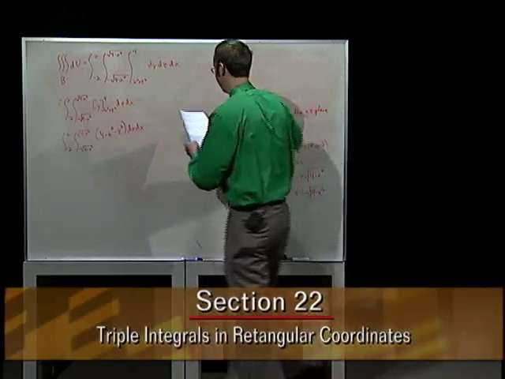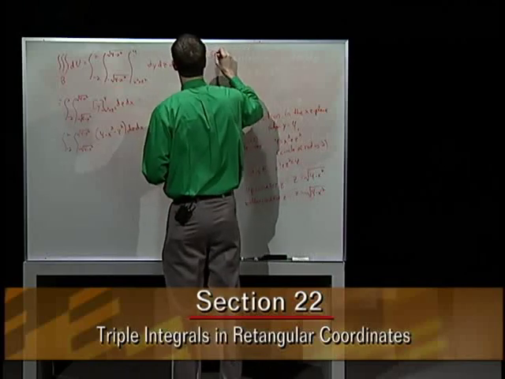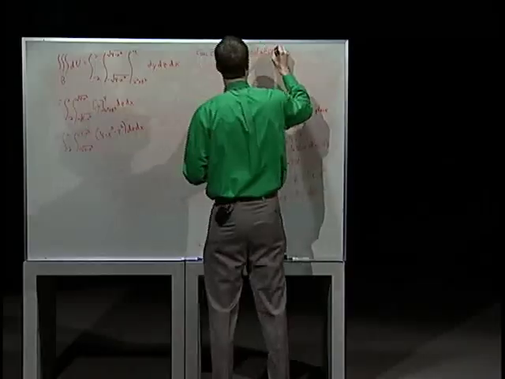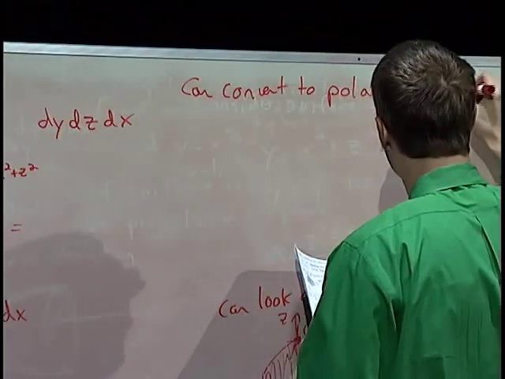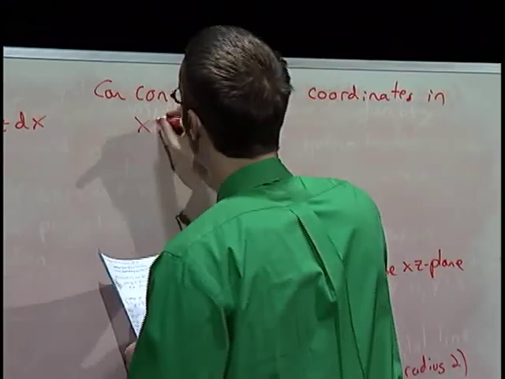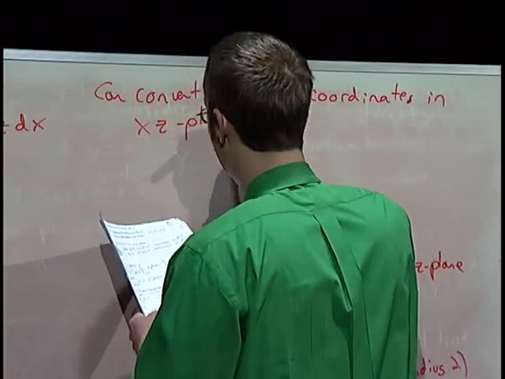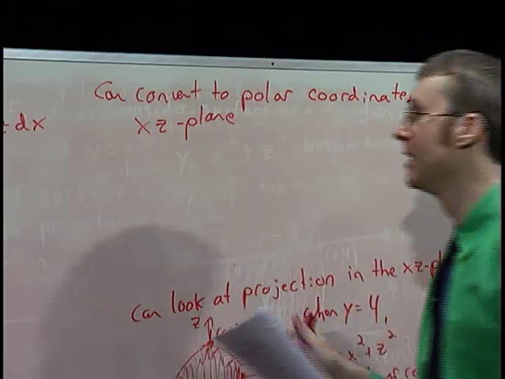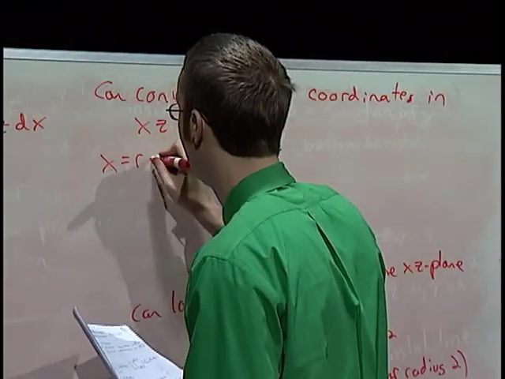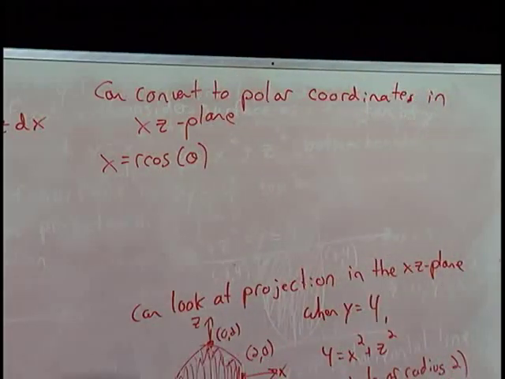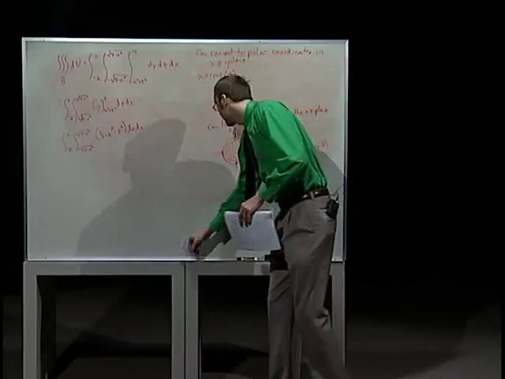So the plan is we can convert to polar coordinates in the xz plane, right? And remember, the conversion factors were always x equals r cosine theta. This is the same thing. Any angle I draw down here is just like x and y, right?